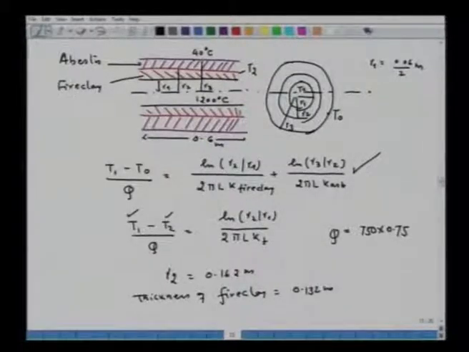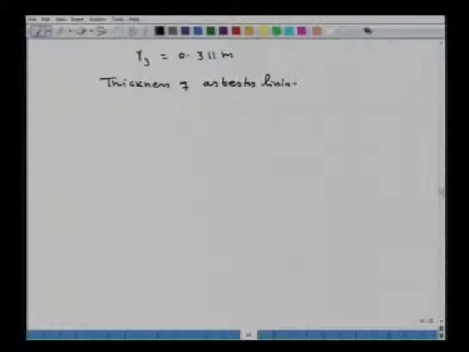R2 is known, we have to find the value of R3, the rest is known. You substitute the values and you will get R3 equal to 0.311 meter, and so the thickness of asbestos lining will be equal to 0.149 meter. So that is the answer.